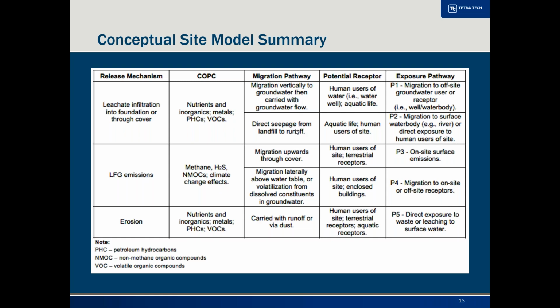It can seep into the surrounding land or surface of groundwater and surface water. Migration of landfill gases, receptors, aquatic life, water well uses, site uses, and then we have identified various exposure pathways. The details of this are in various reporting, and I won't make any further comments on that in this presentation.